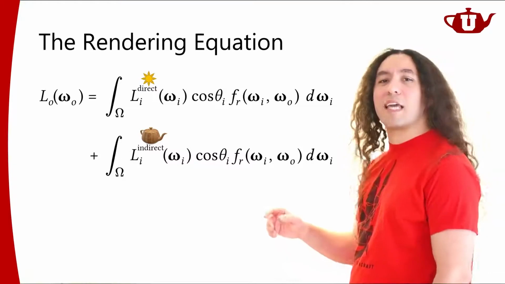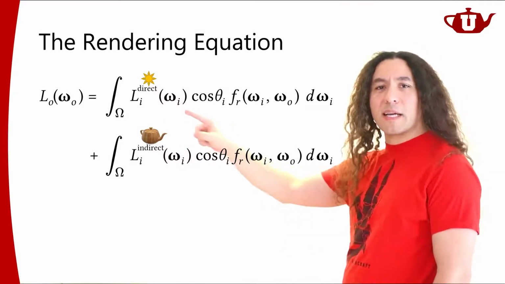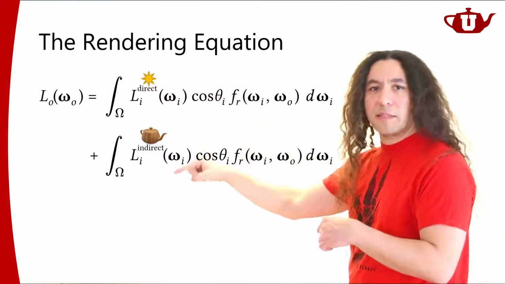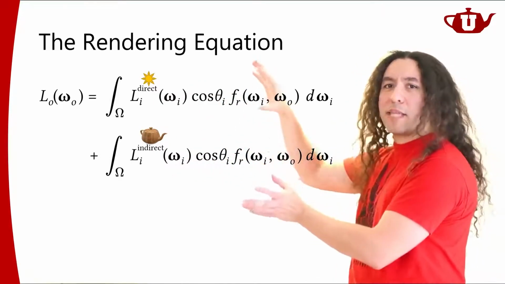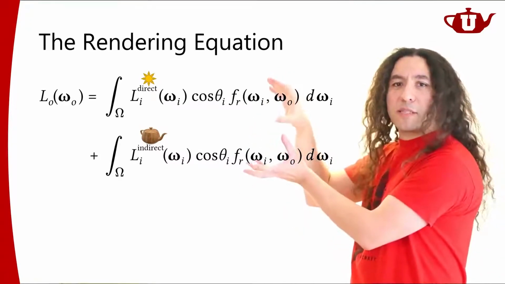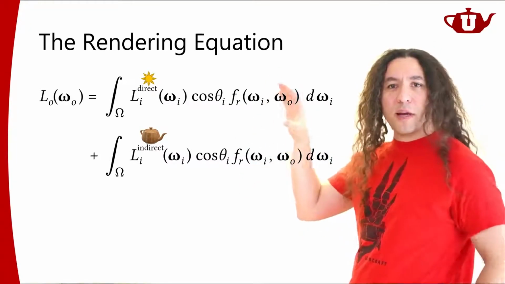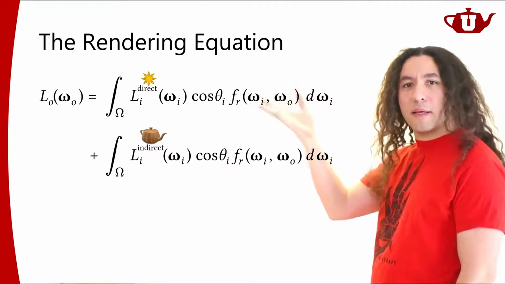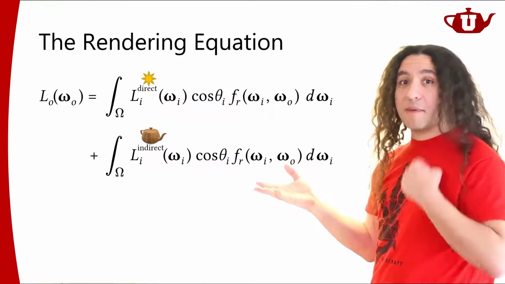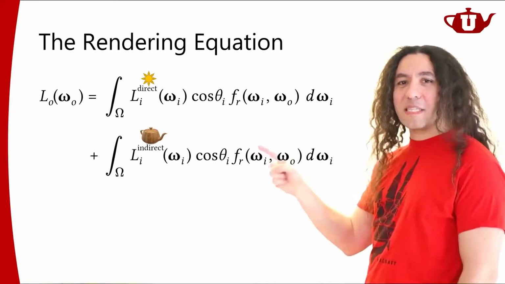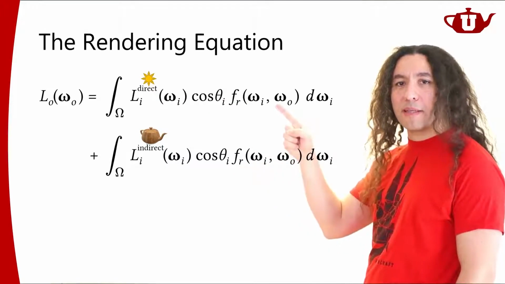So basically what I did here is that I took the incoming light term and I split it into a sum of direct light and indirect light, and then I separated the integral into two integrals. It's just the same integral, just two copies of the same integral, right? So this part covers the direct illumination component. This is the part that we've been using. And this part just covers the indirect light, indirect illumination coming from all the other objects. This is the part that's difficult to compute. This is the part that's easy.